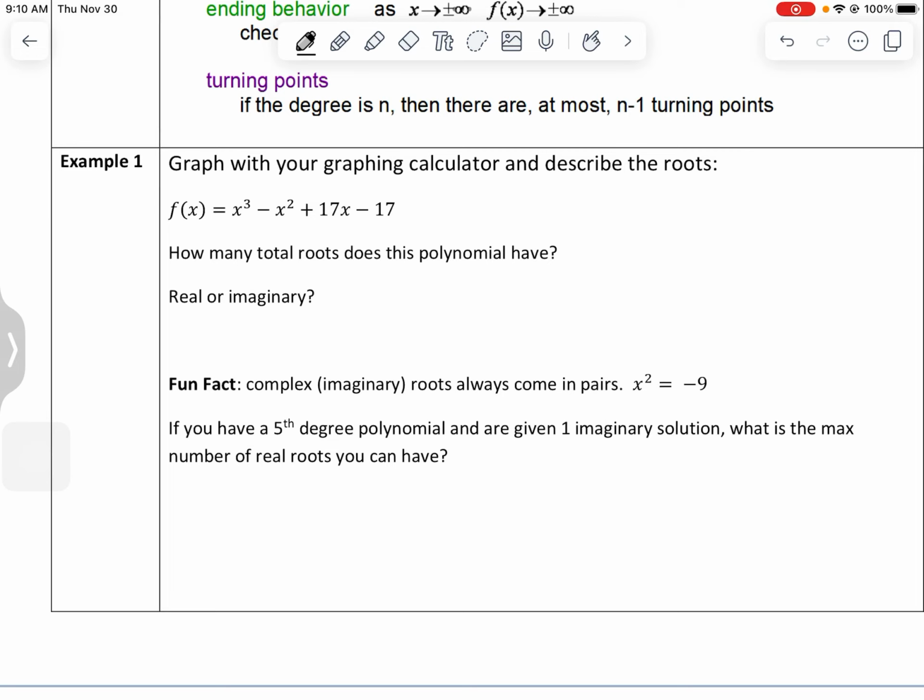So what we're going to do first is graph with our graphing calculator and then describe the roots here. I'm going to be using Desmos again. We have a cubic equation, so we're expecting 3 roots. How many total roots does the polynomial have? We know it has to have 3.